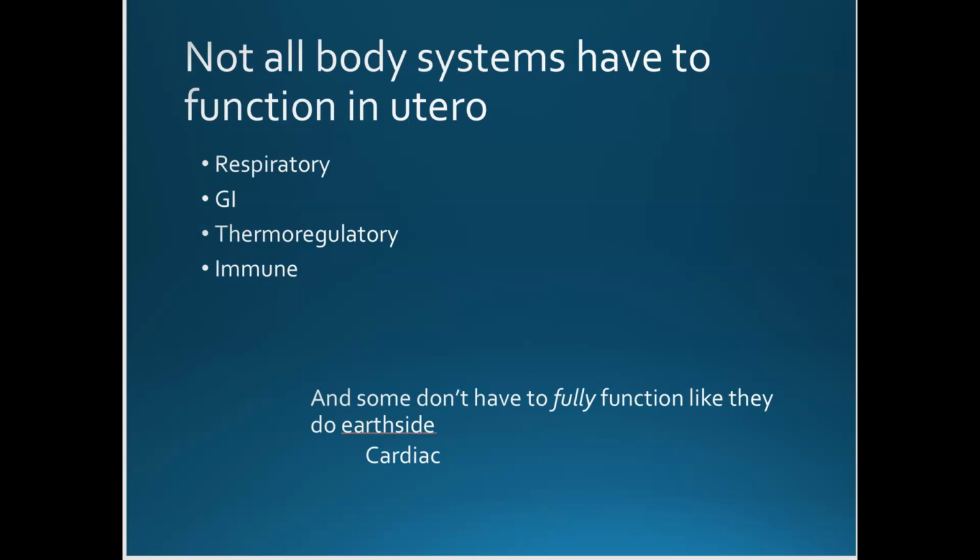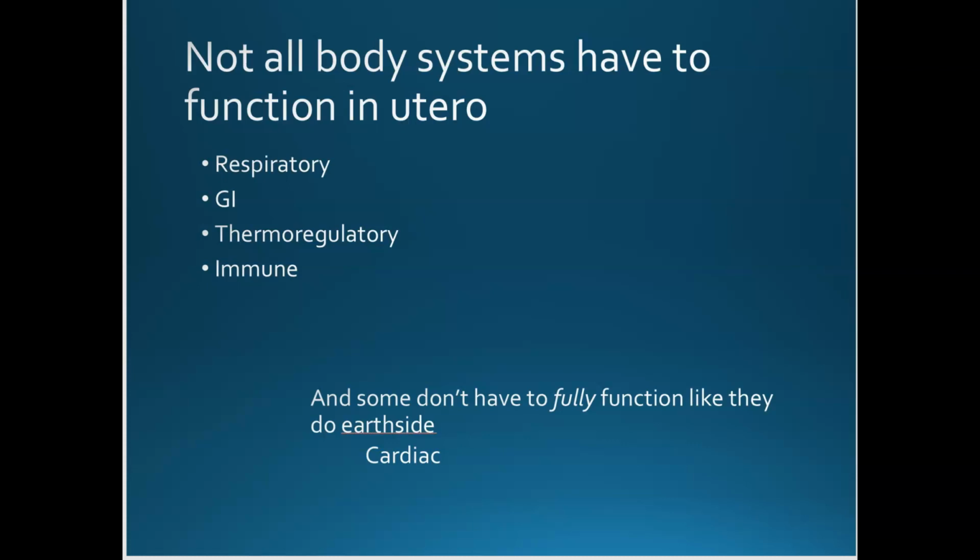Thermoregulatory, baby spends the whole time developing in a nice warm temperature controlled environment, and has never had to combat all of the different elements externally that we see once baby's born. So the differences in air pressure, air temperature, the radiation of heat, convection of heat, all of those pieces. The immune system.